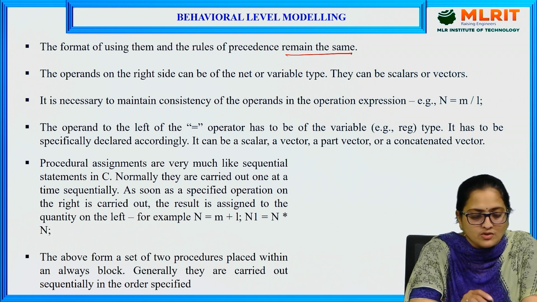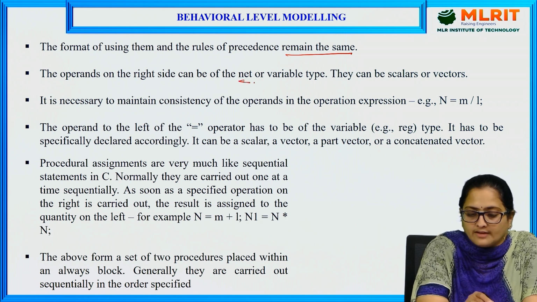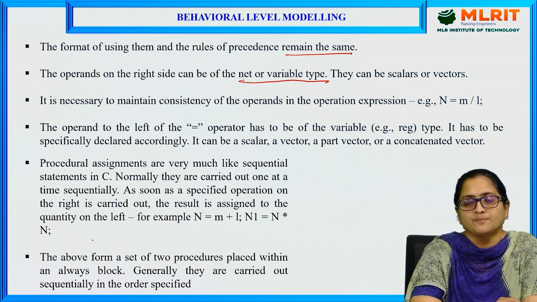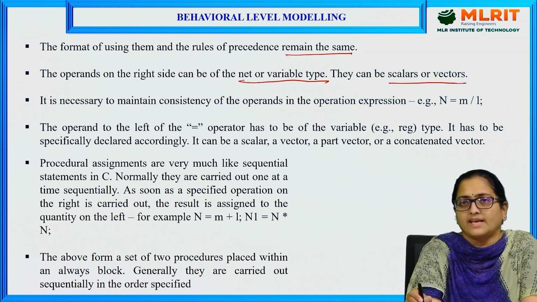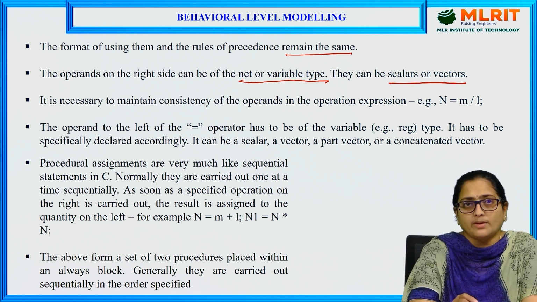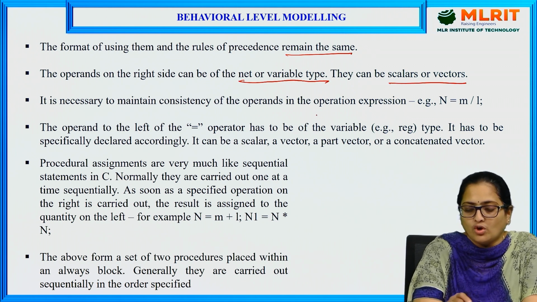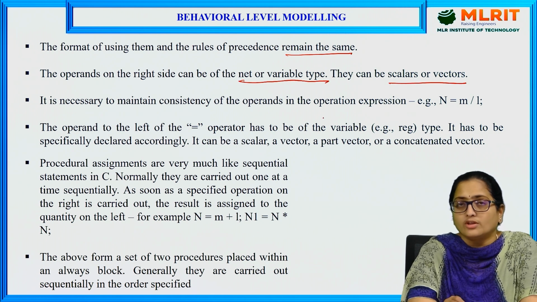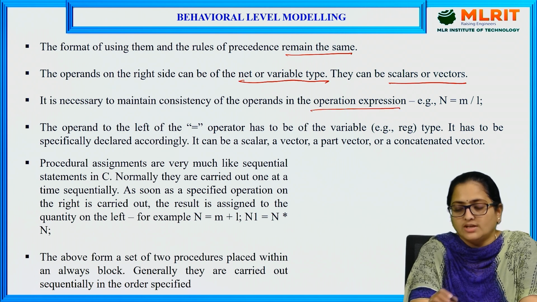The operands on the right hand side can be either a net or variable type, and they may be of a scalar or a vector type. It is necessary to maintain consistency of the operands in the operational expression.